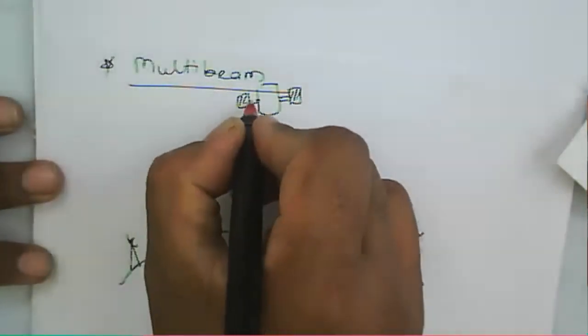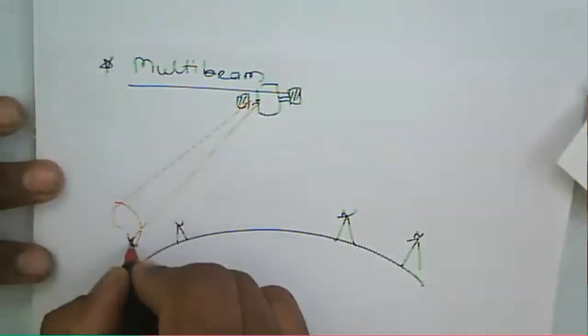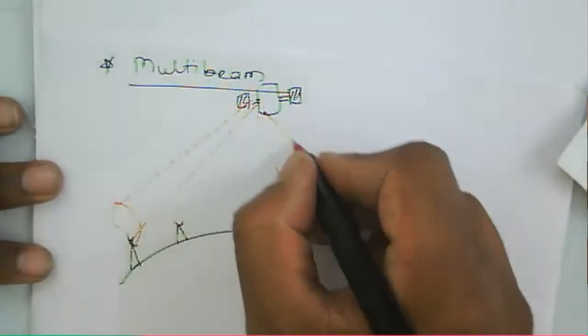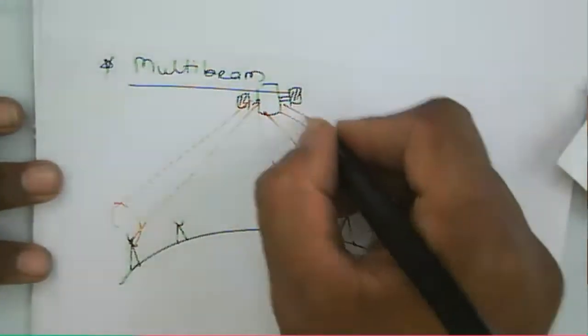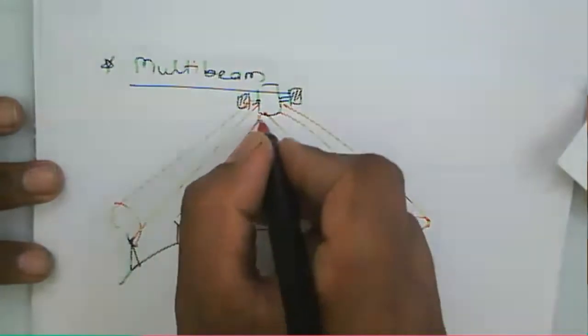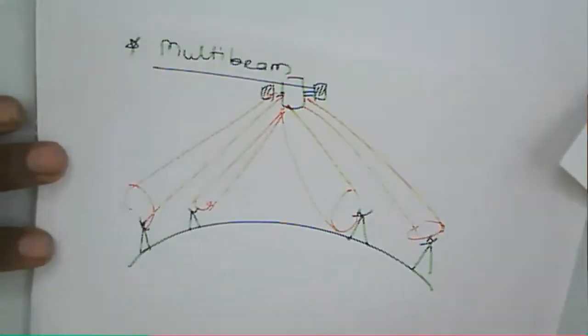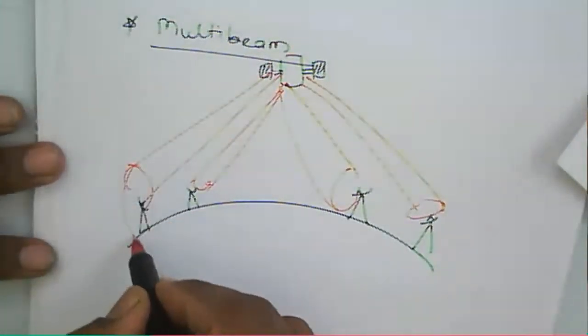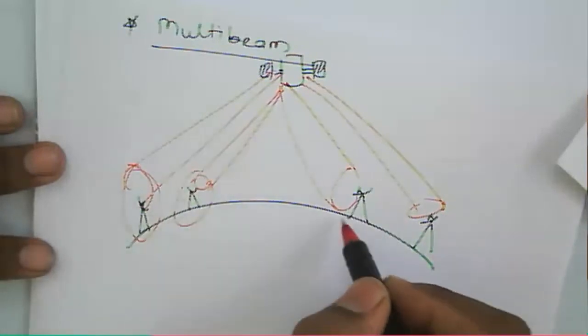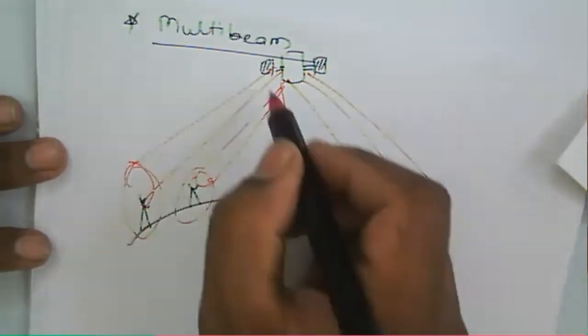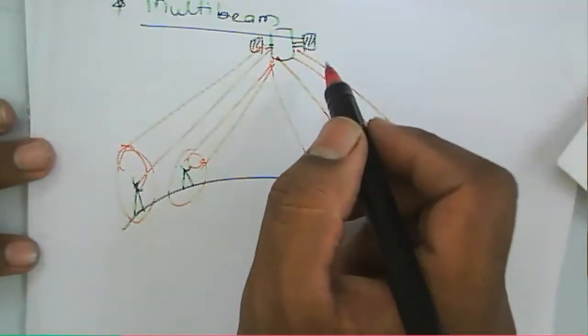So what will be the area coverage by this? Likewise, this is the coverage area of the satellite, and this one is nothing but a beam produced by the particular antenna here.